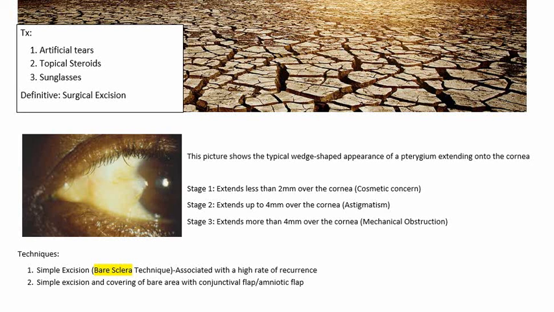So what are the techniques of preventing recurrence? The first technique we've already discussed, in which either a conjunctival autograft is taken or amniotic membrane is transplanted onto the tear area, and this is the most widely used technique currently. ठीक है? इसके अलावा we can use something called mitomycin C, which is either used at the time of surgery or after the surgery, and it is basically applied topically.